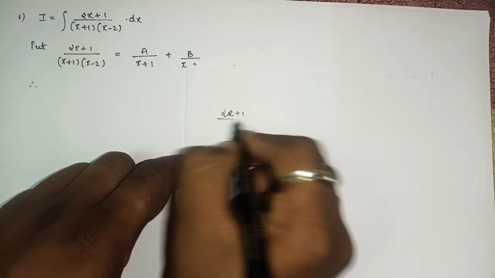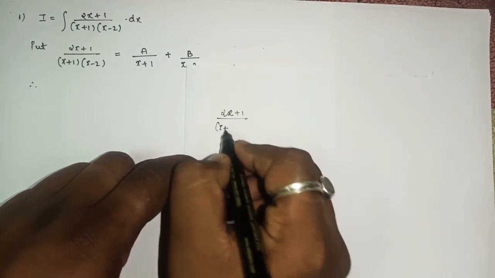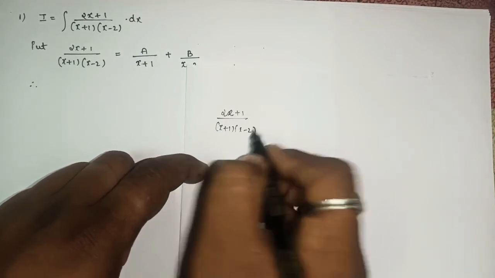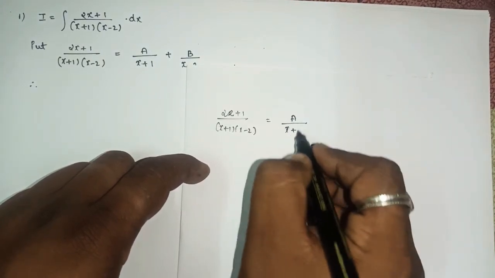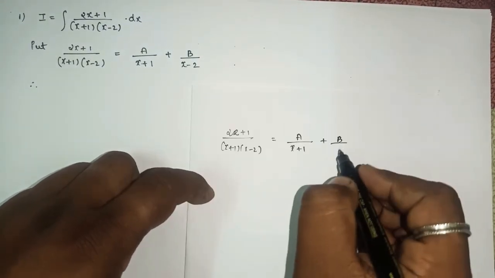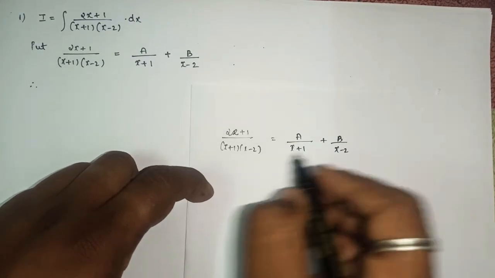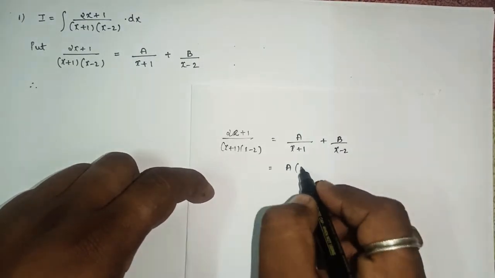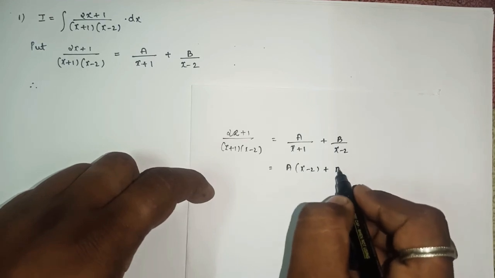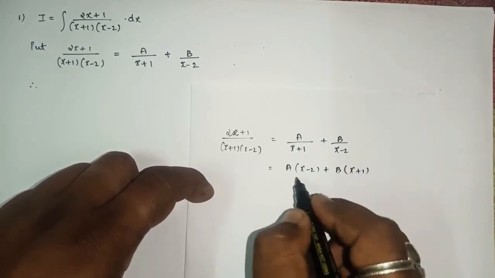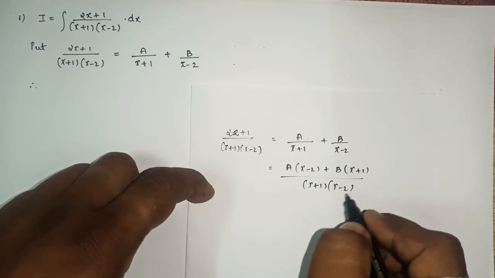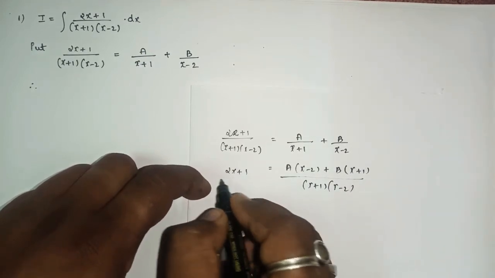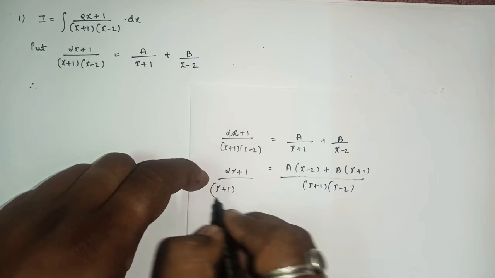(2x plus 1) upon (x plus 1)(x minus 2) equals A upon x plus 1 plus B upon x minus 2. So just cross multiply here: A(x minus 2) plus B(x plus 1) over (x plus 1)(x minus 2).